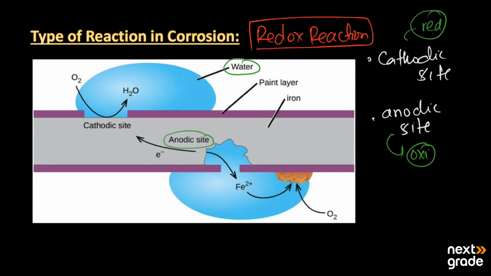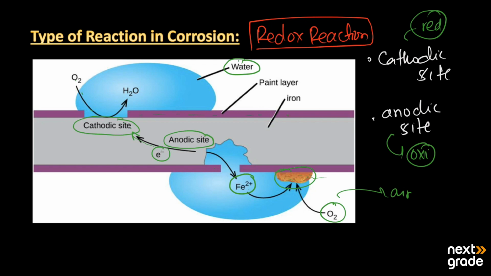At the anodic side there is more concentration of water and the process of oxidation will take place. Here the iron loses electrons, then it starts to form rust with the combination of the oxygen present in the air. These electrons will move towards the other side where the concentration of water is low. That side is known as the cathodic side, and here the process of reduction takes place in the presence of water.